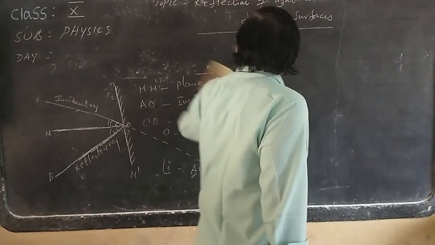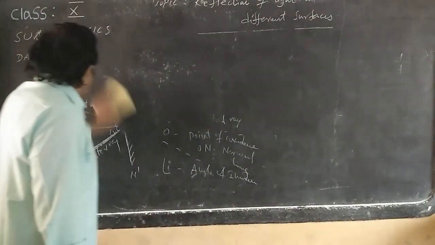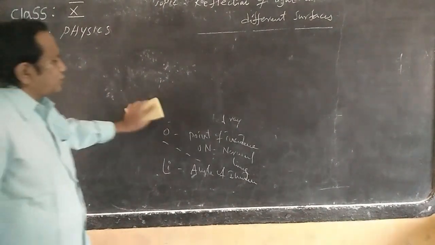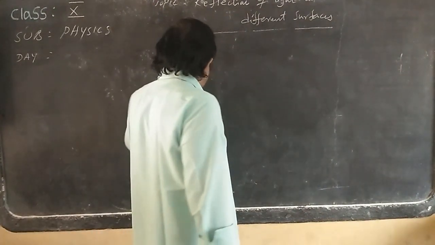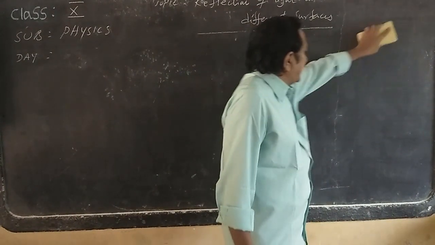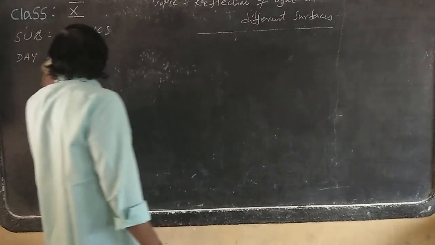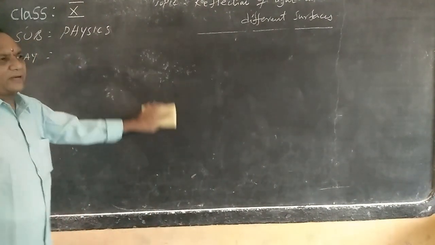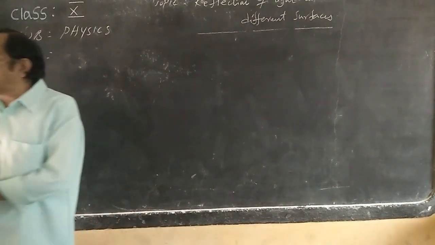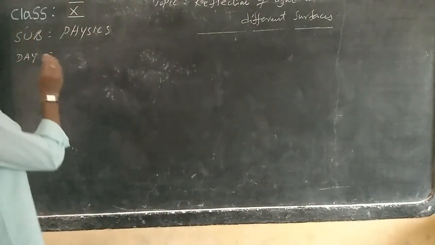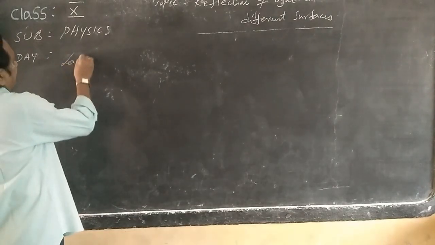Verifying this is one of the important activities. If possible, do this experiment at home, changing the different angle of incidence values. You can make different angles and conduct the experiment, taking different values. Keep this activity in mind. It is an important lab activity.